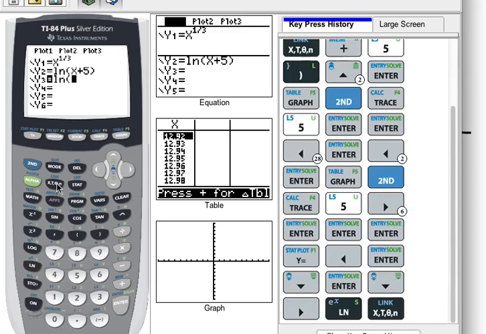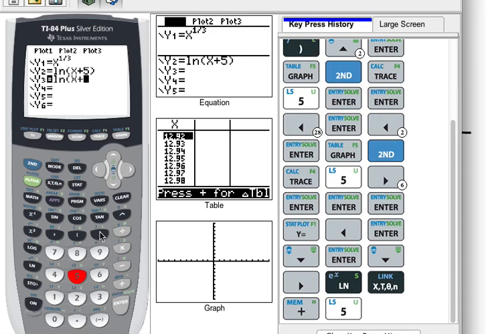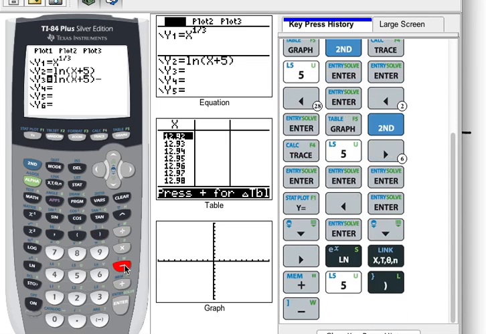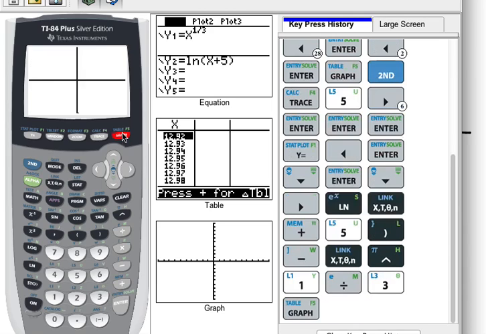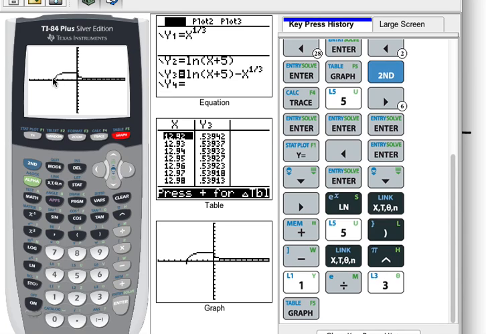So natural log of x plus 5 minus our x to the 1/3. Now it's all as one equation. When we go to graph this thing, cool, kind of like we expected, it's going to be this weird looking curve here, but it's got an intersection point right around where we expected it to be.